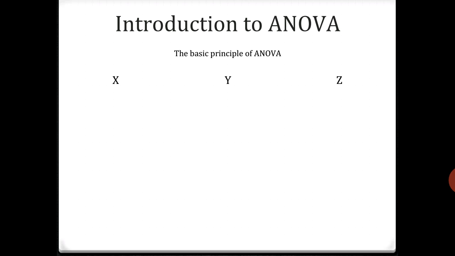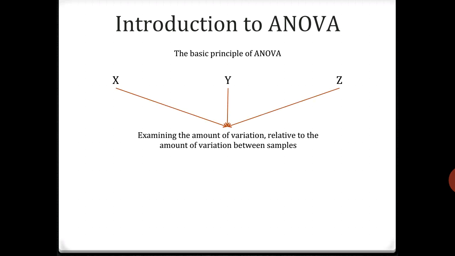Now, using ANOVA, we have to examine the amount of variation between these three population means relative to the amount of variation between the samples. We have to find out the amount of variation between these three population means as well as relative to the amount of variation between the samples.